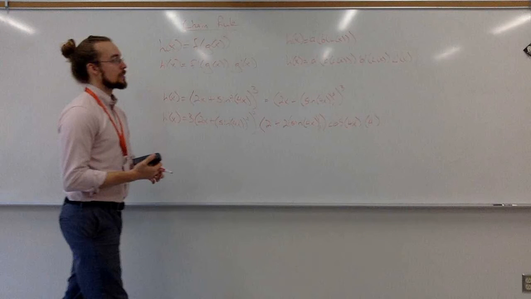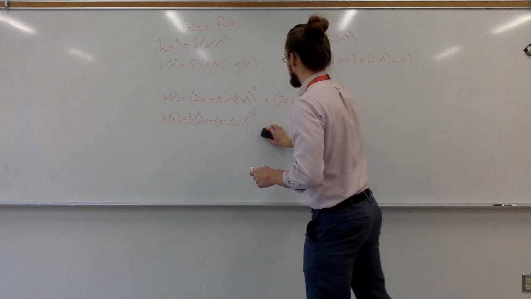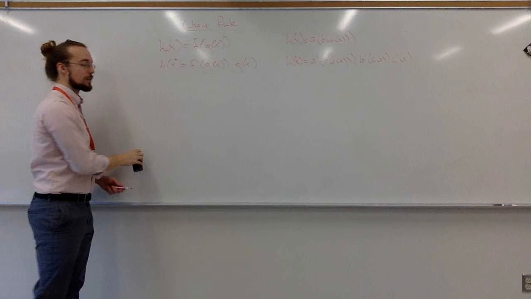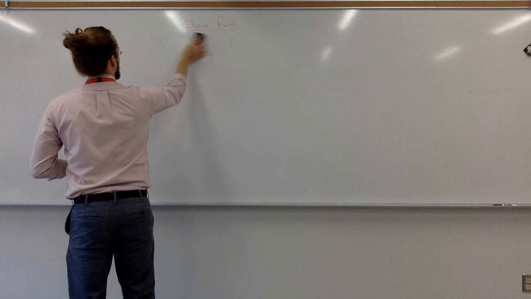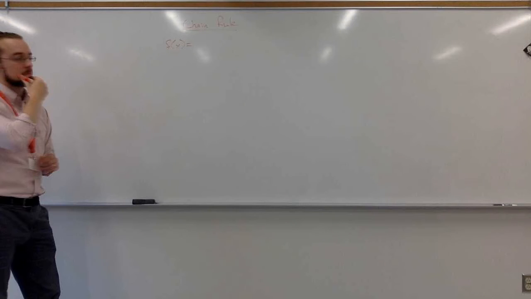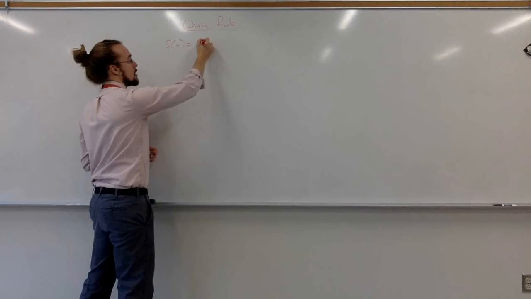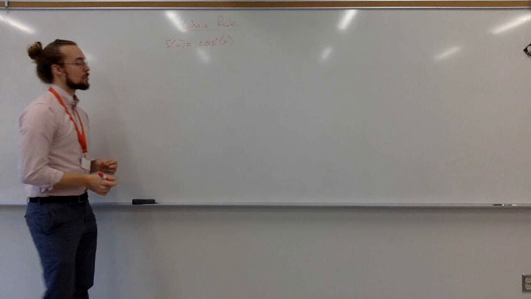Alright, then let's take this idea and apply it to a few things that we've already done, like tangent lines. Right. So let's say I give you my original function is not just cosine squared of x.